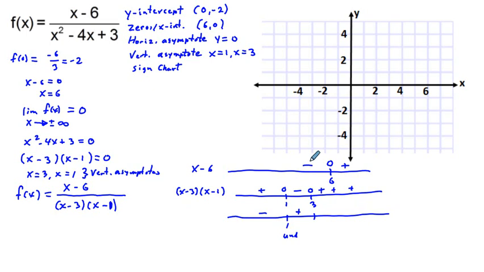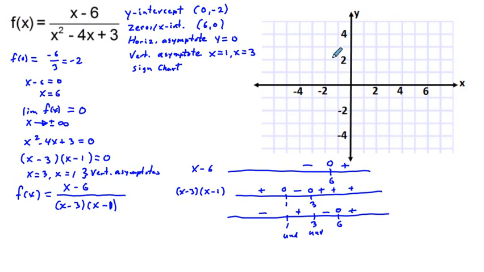At 3, we have negative divided by 0, which is undefined. Between 3 and 6, we have negative divided by positive, which is negative. At 6, we have 0 divided by 6, which is 0. Let me put these numbers here, 3, 6. And greater than 6, we have positive divided by positive, which is positive.